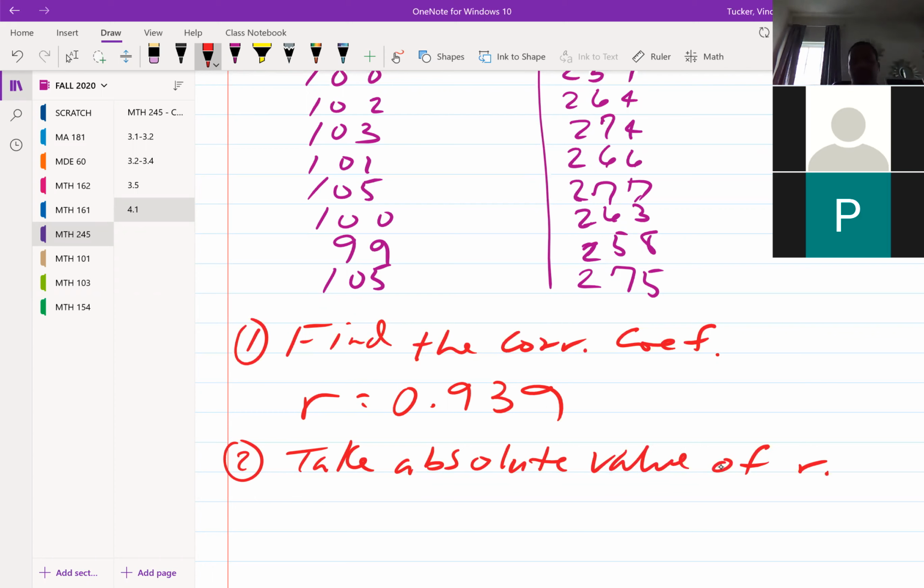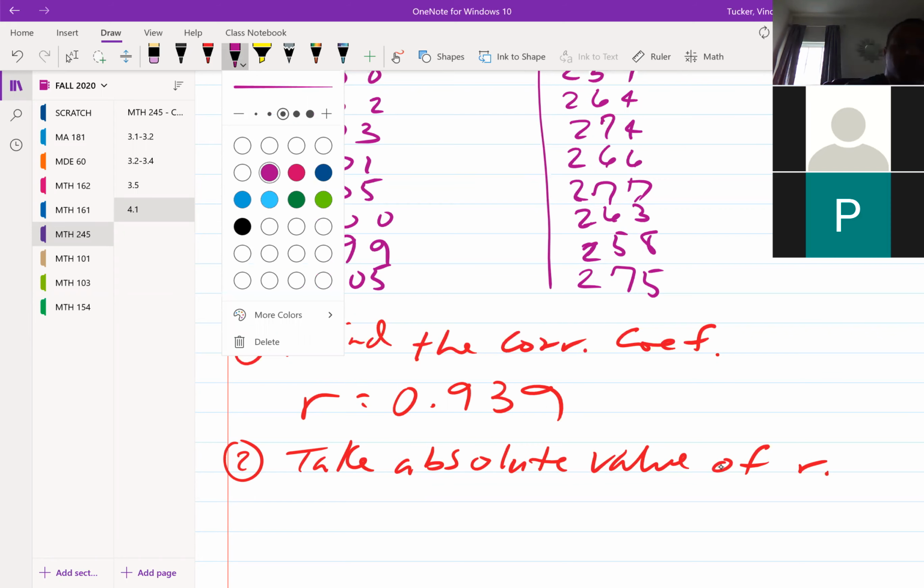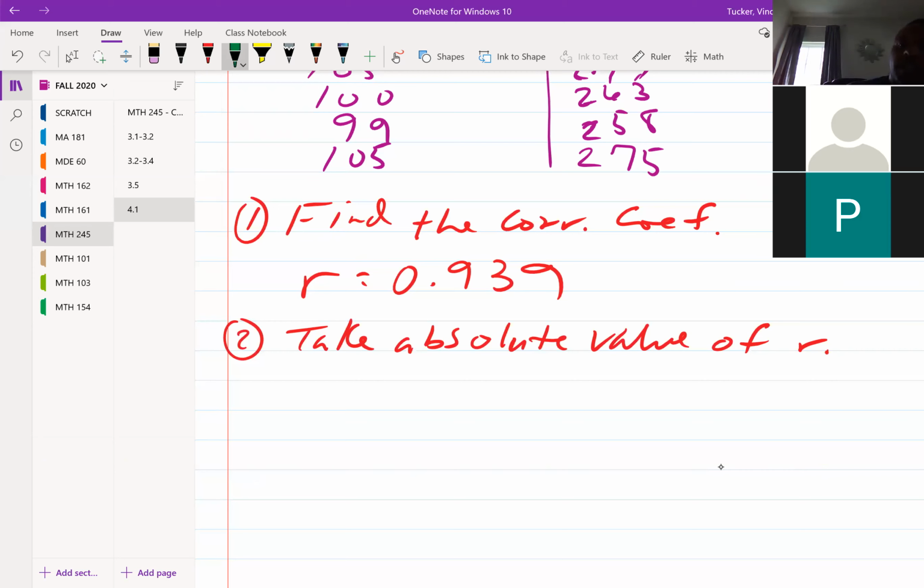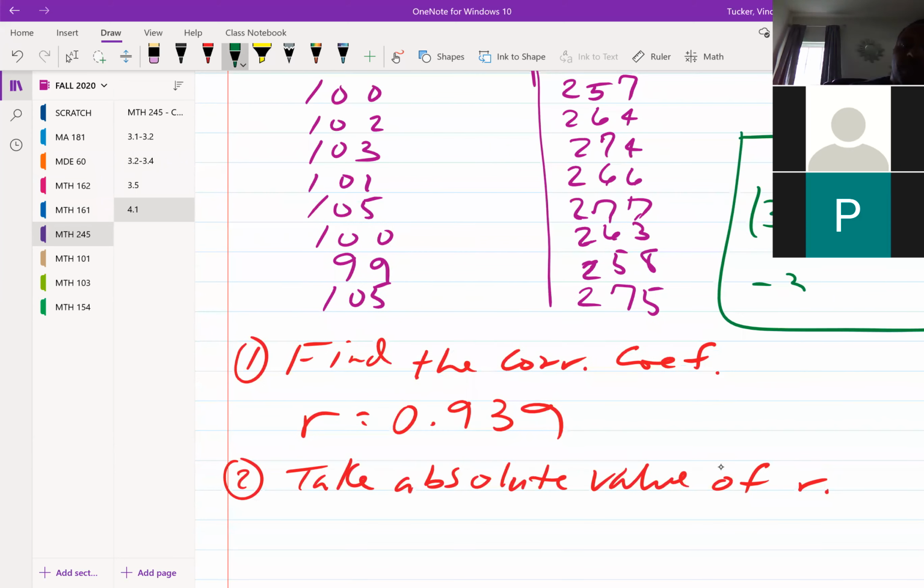So then we're going to take the absolute value of the correlation coefficient. Don't forget what that means for us when we do the absolute value. The absolute value of 3 is 3. The absolute value of -3 is also 3. So basically what they're trying to do is ensure that you are looking at the positive representation of your correlation coefficient.